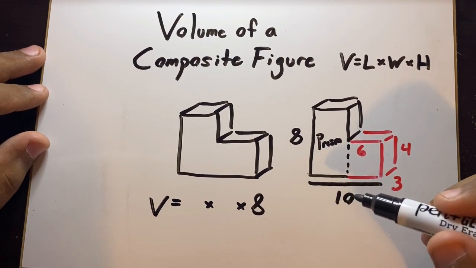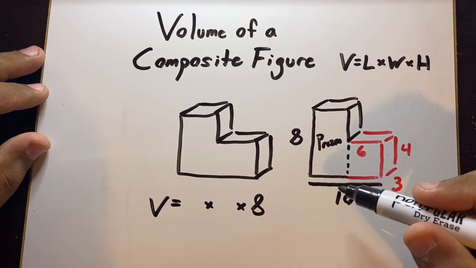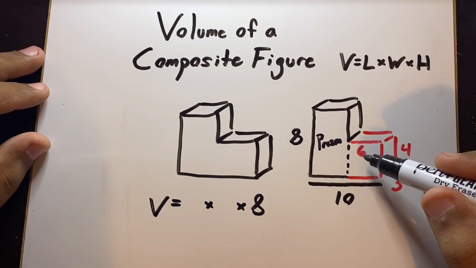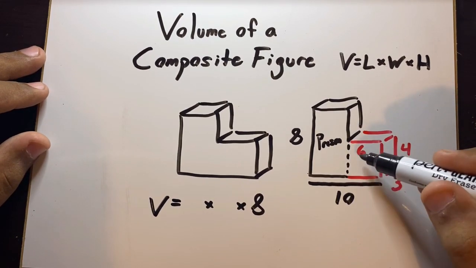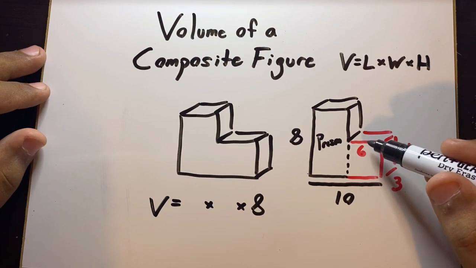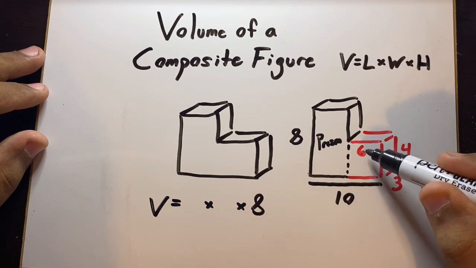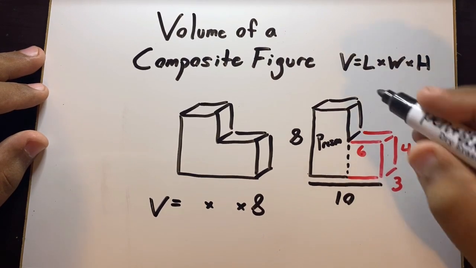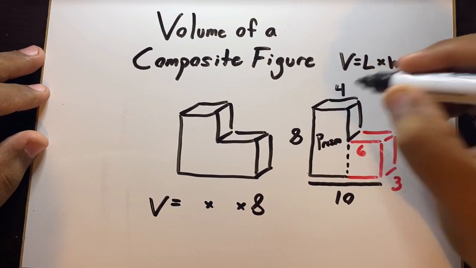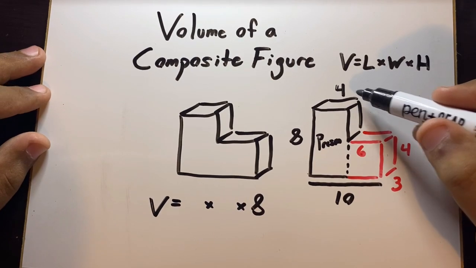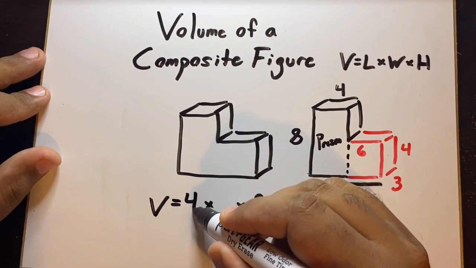So we've got to figure out what the length of the prism is. To do that, we have a reference right here. This 6 is the length of the cube. So if I grab the total length of the entire figure minus the length of the cube, which is 10 minus 6, I'm going to have 4. And that is our length of the prism. So we're going to put 4 here.